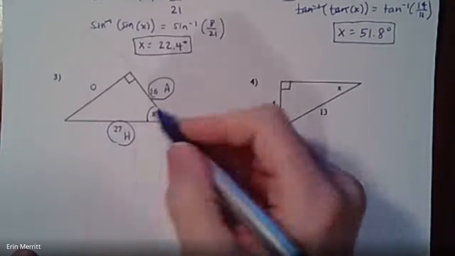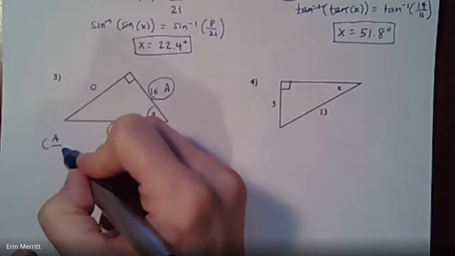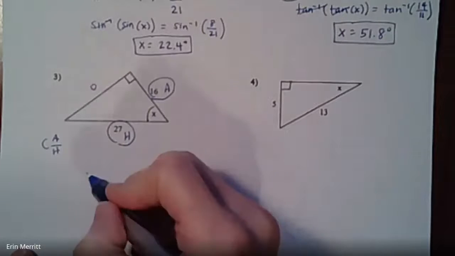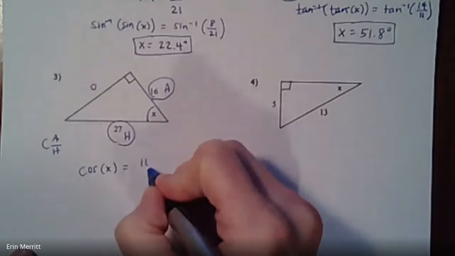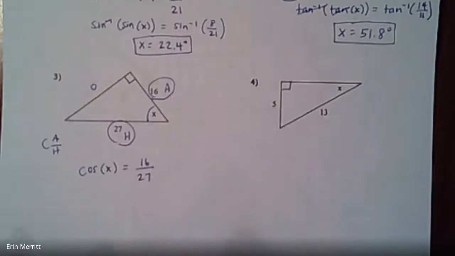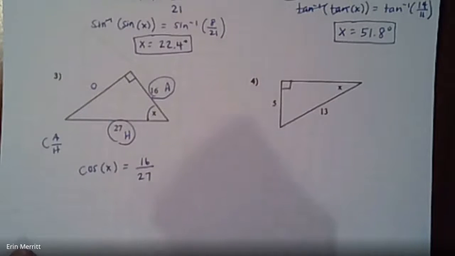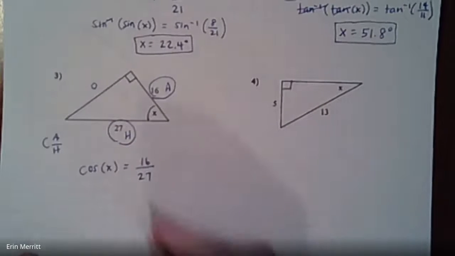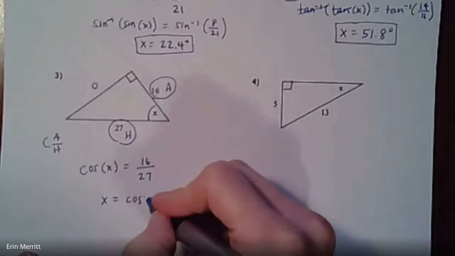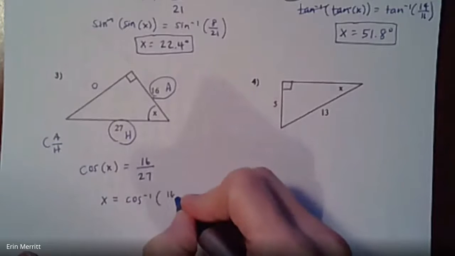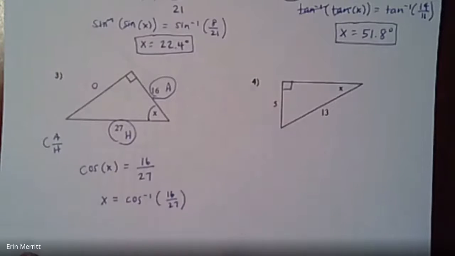When we set this up, a over h, that's going to be cosine. So I still want to see cosine of x equals 16 over 27. And then what people will often do is go right to saying that x is equal to the inverse cosine of 16 over 27, like that.